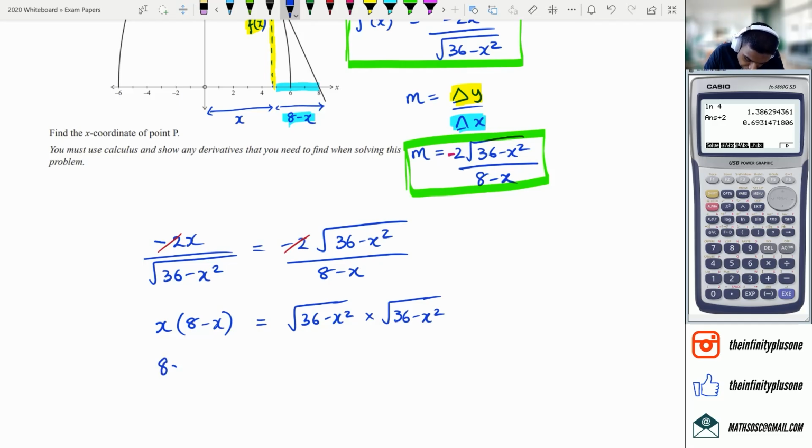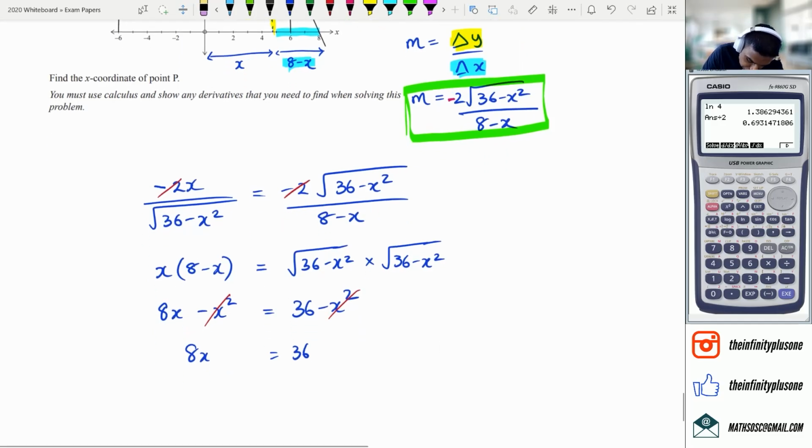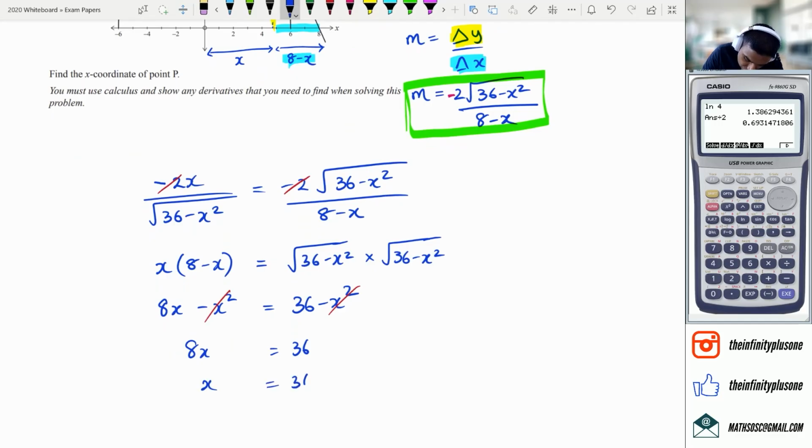So this gives me 8x minus x squared equals 36 minus x squared, because the square root of that times the square root of that is just 36. So the x squareds cancel out each other, and what I'm left with is 8x equals 36. Sorry, 8x, not 8x squared. From here, I can say that x is equal to 36 divided by 8, which equals 4.5.